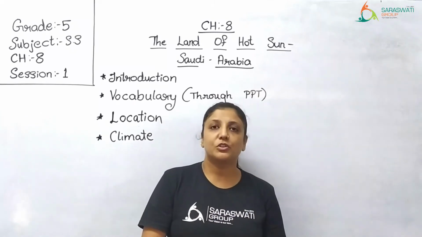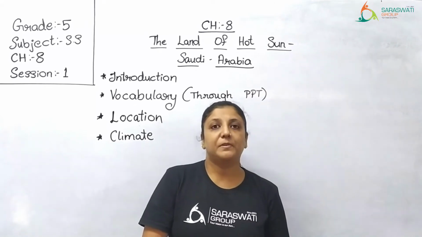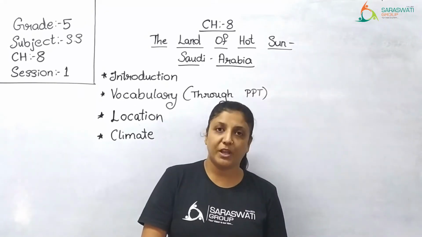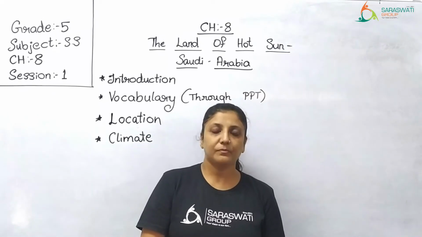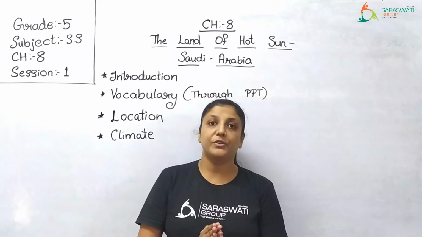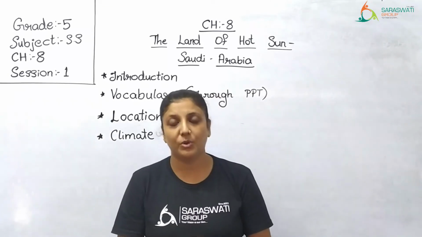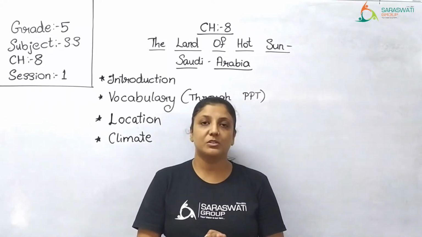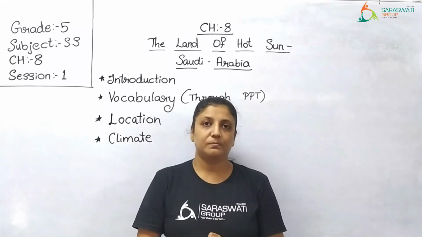So, to begin the chapter, first we will go through the vocabulary of this chapter. This vocabulary will give you a brief idea of the meanings of the difficult words which you will come across while reading this chapter.